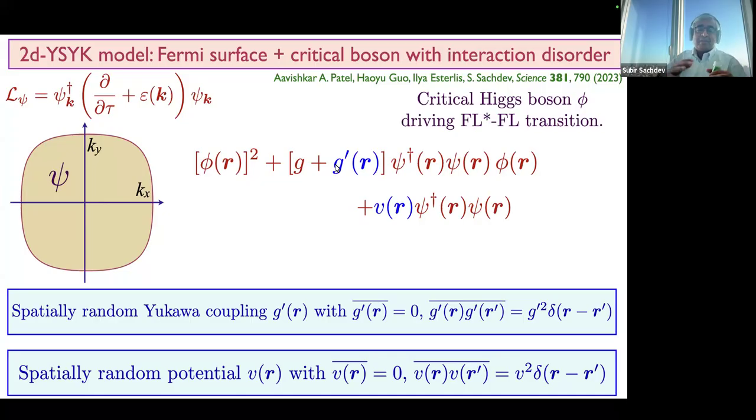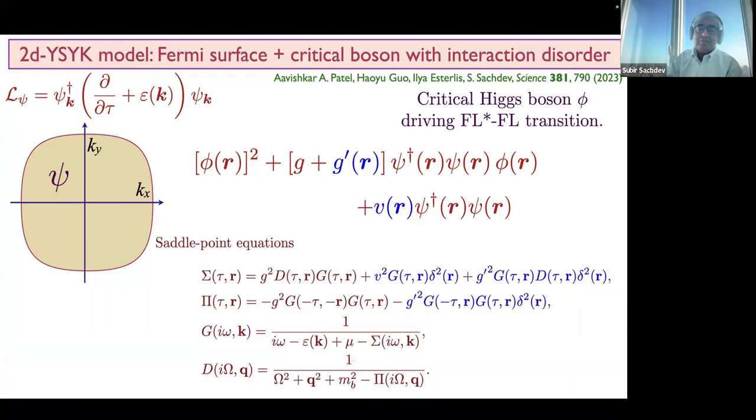What we learned was you just average term by term, and you look at a certain set of self-consistent graphs for the self-energy. And that's exactly what you do here. These are the terms that come from randomness. And these are Dyson's equations. These are Green's functions for both the fermions, the electrons, and this Higgs boson. Anyway, you solve these equations and you compute lots of other properties.